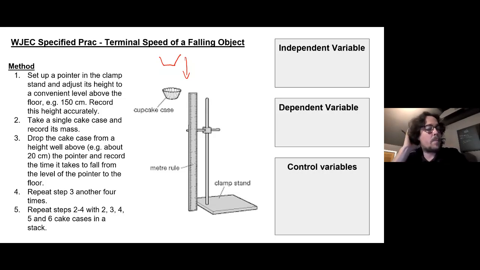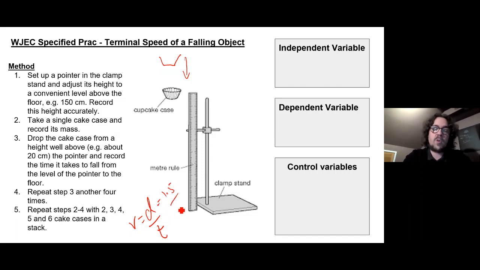So that distance might be 1.5 meters. And from that, because as you know, speed equals distance over time, if you know the distance is 1.5 meters and you've just recorded the time, then you can work out the velocity, actually the terminal velocity, of those cake cases.